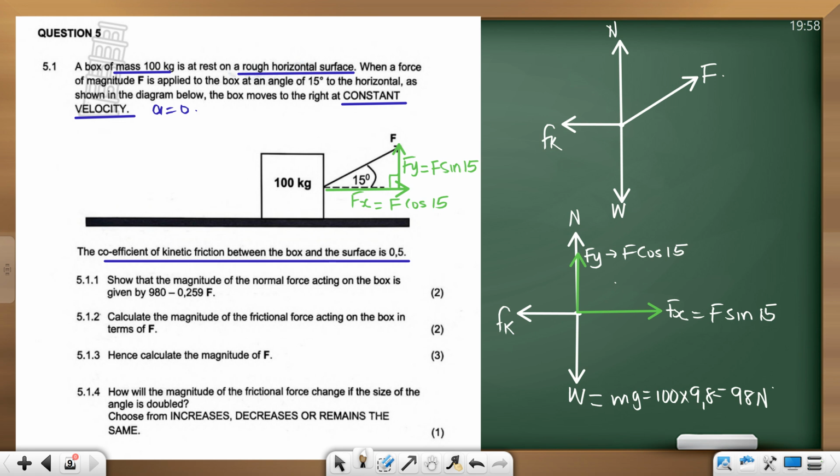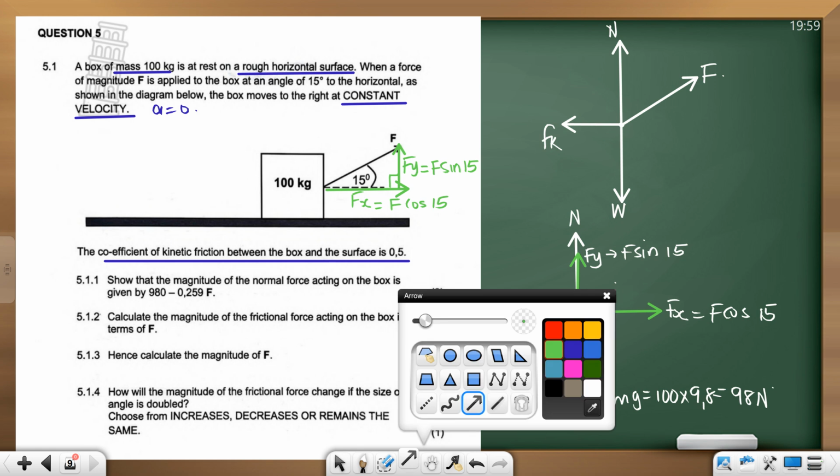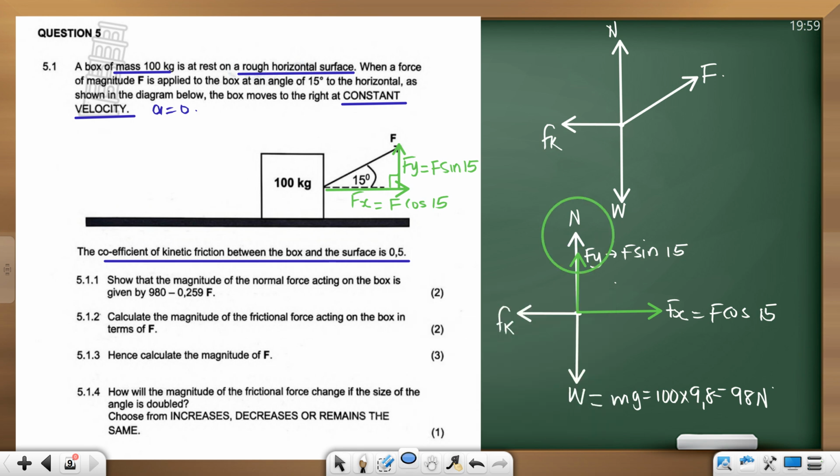Yes? Talk to me, Benjamin. So, yes, Fy is F sine, like we wrote there, and Fx is F cos. At least somebody is following. Thank you, Benjamin. Now we are looking for what? The normal force. And you would see in this case, there are two forces pointing upwards, which must be equal to my W. Why? Because the object is at rest.